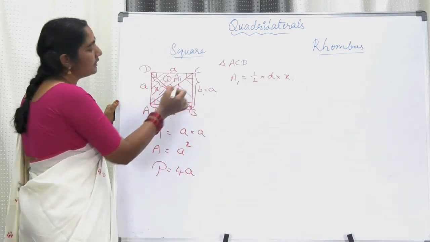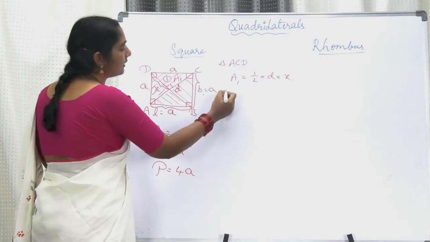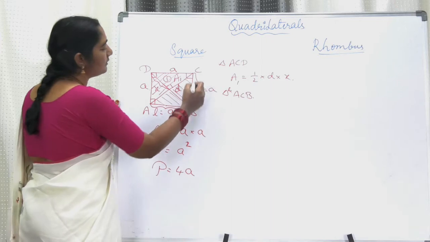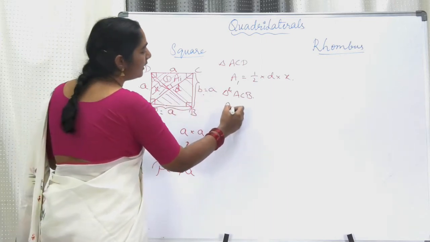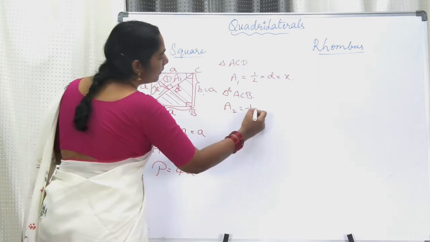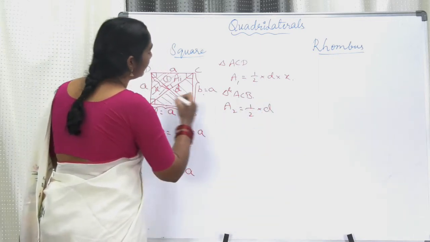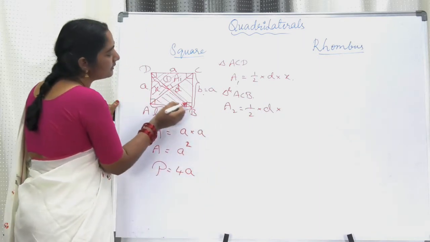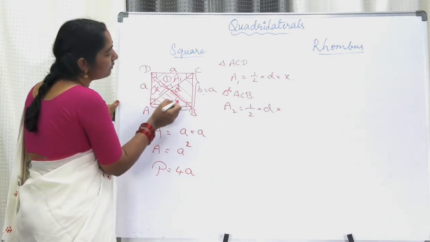Now when you consider the triangle ACB, the area is equal to half into base, which is the same diagonal, into height. Let us take this height as y.